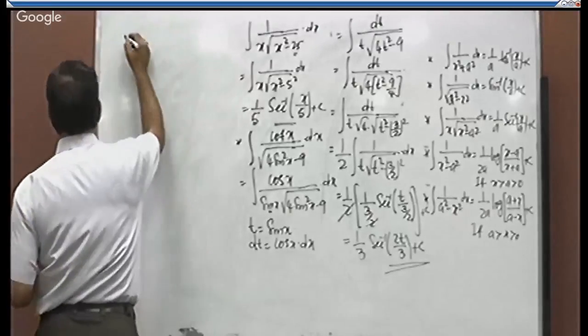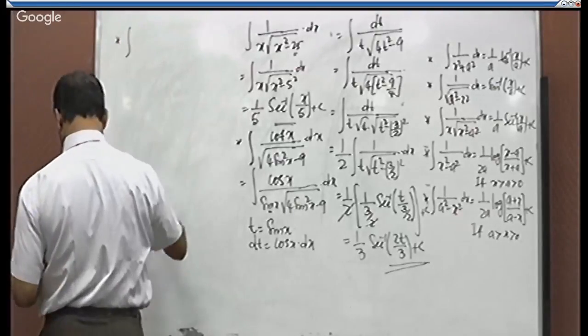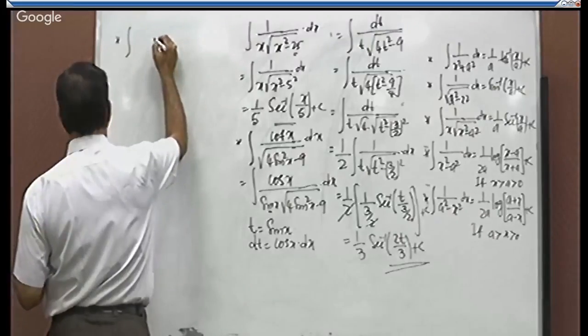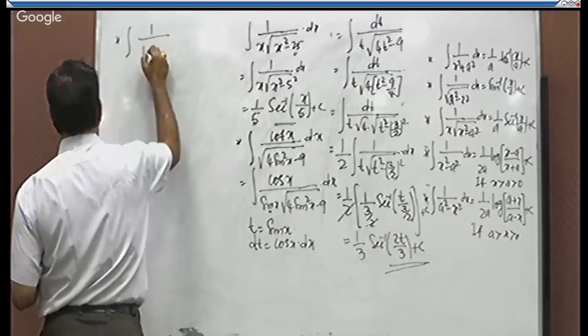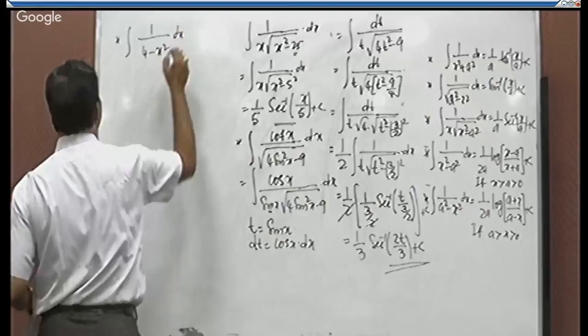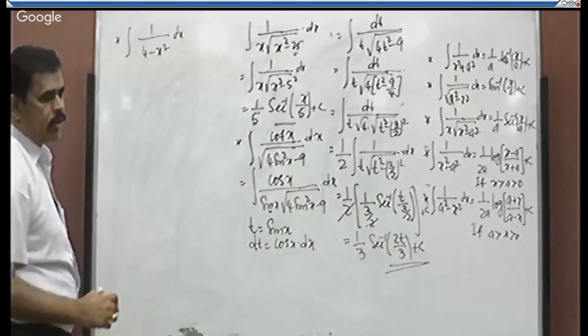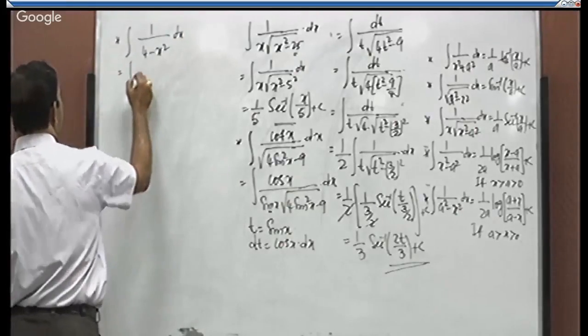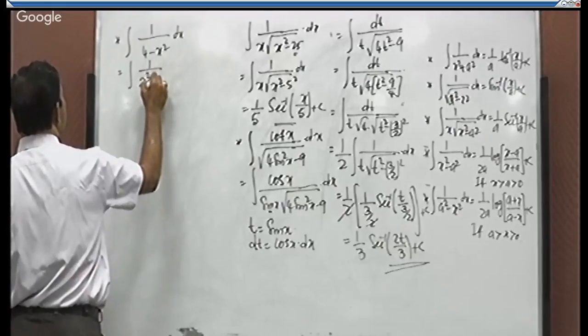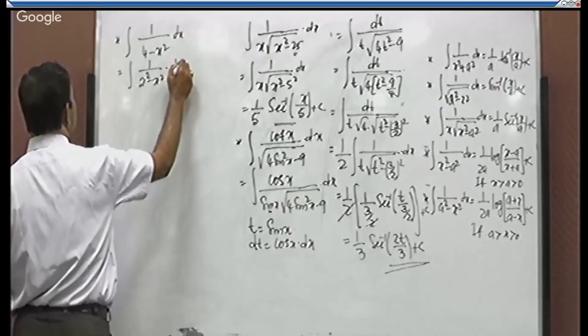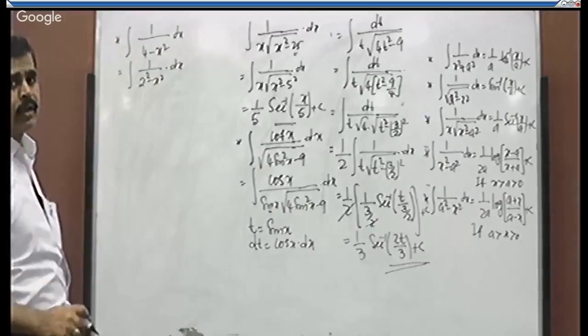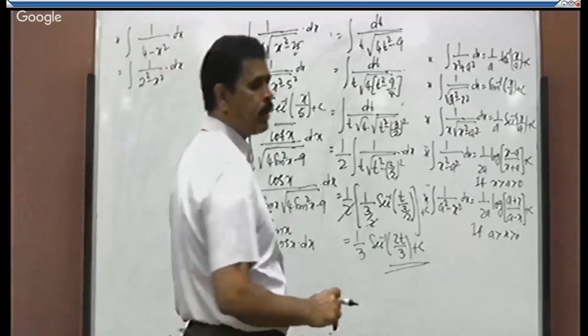Next, integration of 1 divided by 4 minus x square dx. I'm taking a simple one. Can you take 4 as 2 square? 2 square minus x square dx. Now it is of the form integration of 1 by a square minus x square.